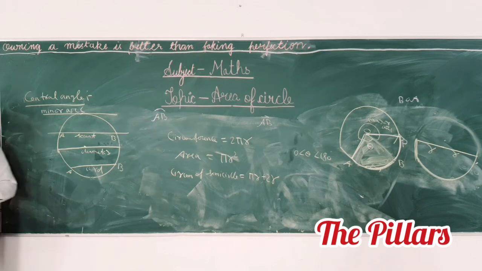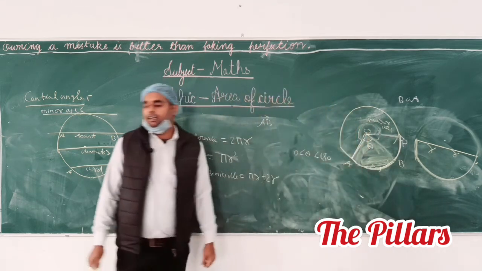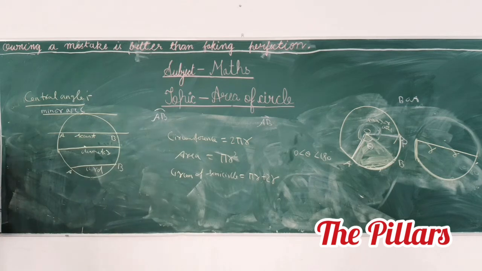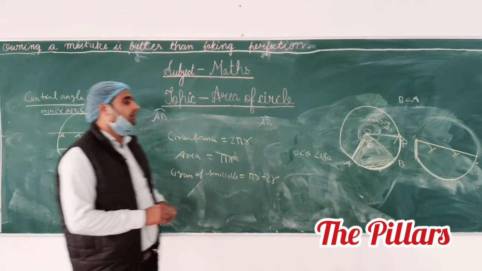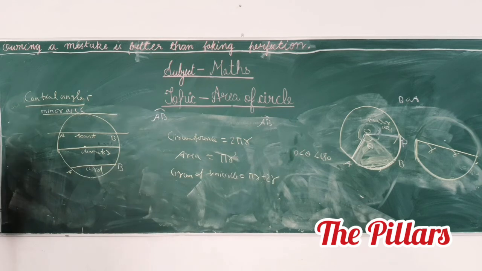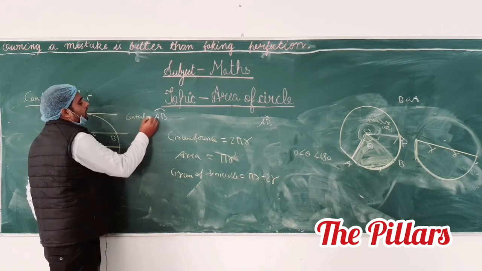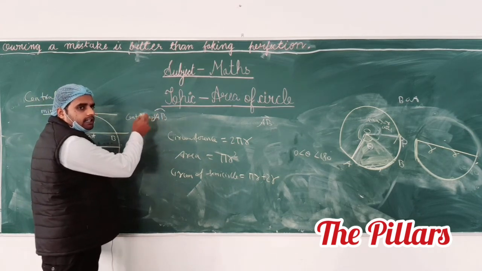Make this figure AOB. In the figure of a circle with center O, you have to mention the central angle of AB.